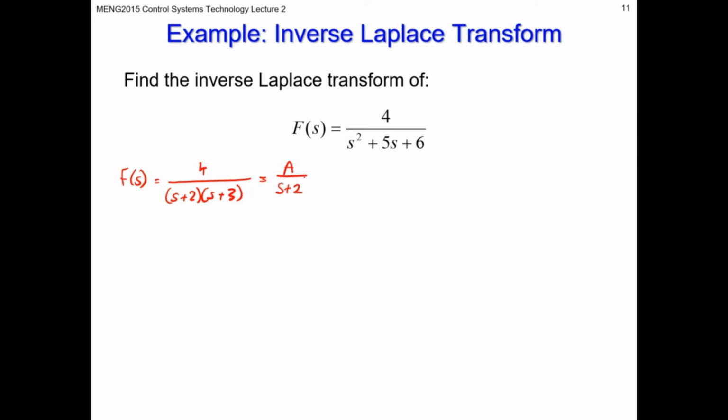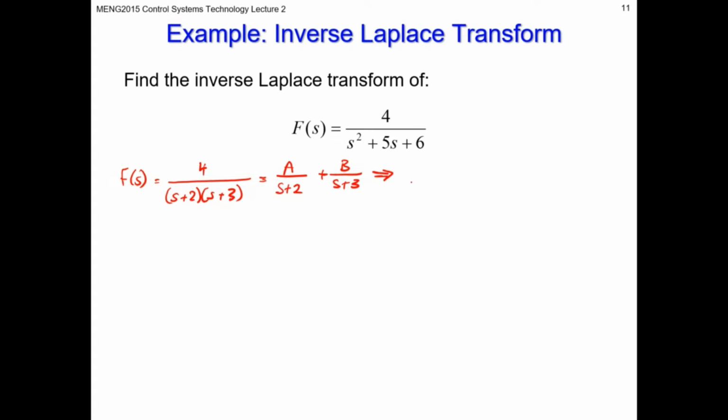Then we state, using partial fractions, that's equivalent to some unknown a over s plus 2 plus an unknown b over s plus 3. So that allows us then to equate the original function and our function we've broken down using partial fractions, but with unknowns a and b.